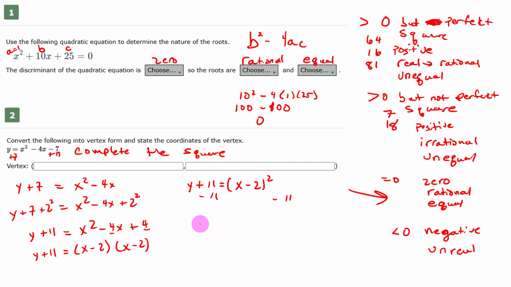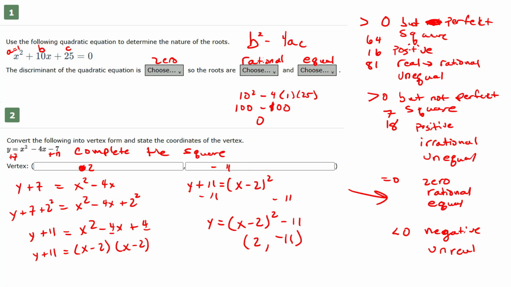So we get y equals x minus 2 squared minus 11. So our vertex: you take the x value and flip the sign, whatever makes that 0, and the other one keeps its sign. So 2, negative 11.